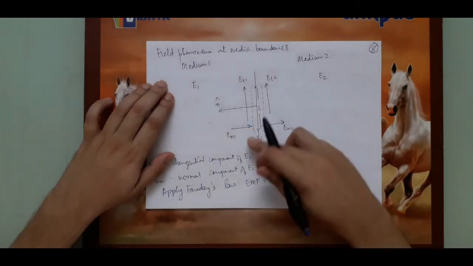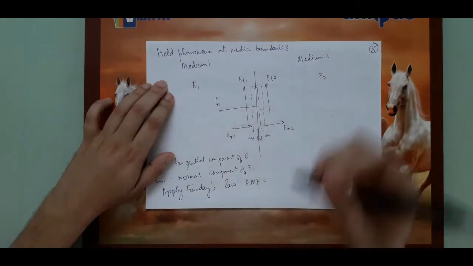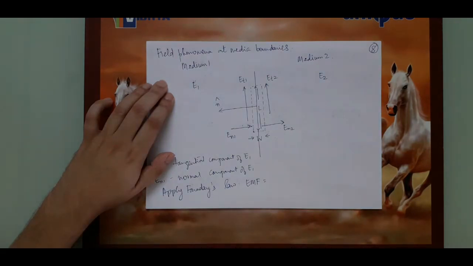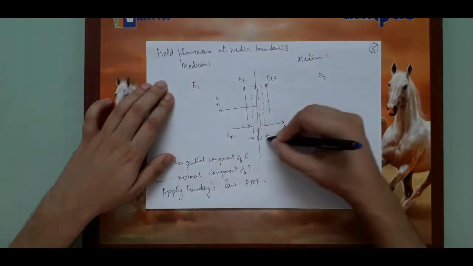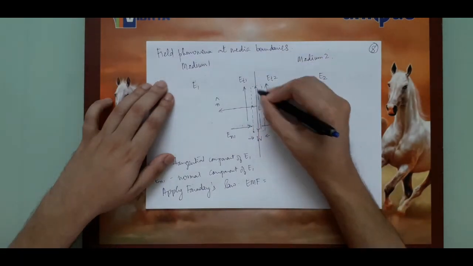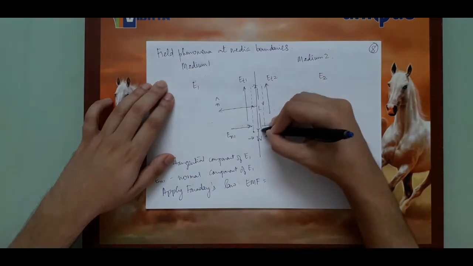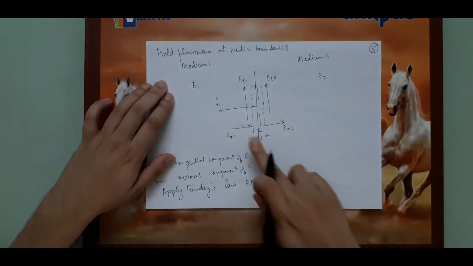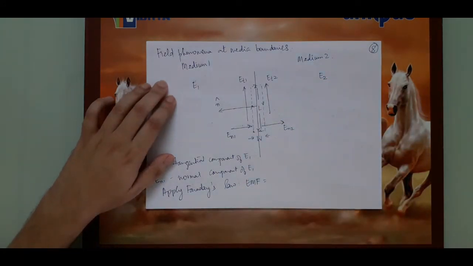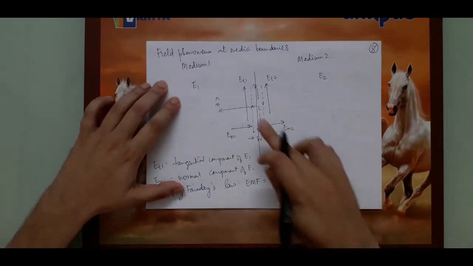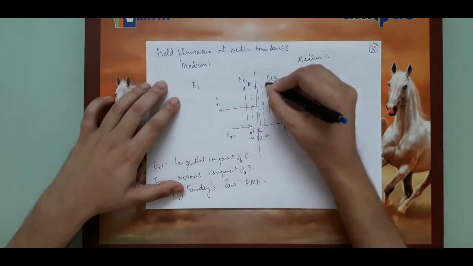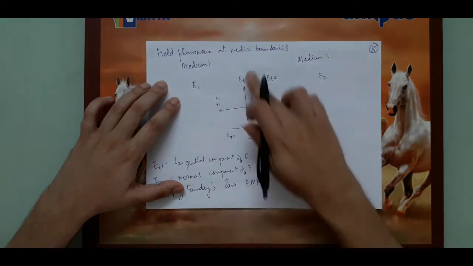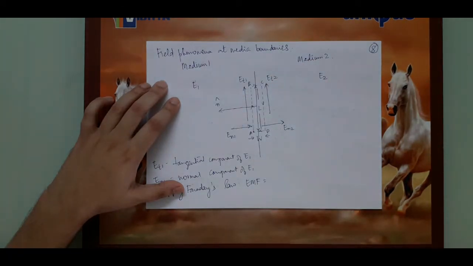now let us say we will start from here and move clockwise. Let us go this way for integrating. We will start from here and come back at this point. So the EMF is nothing but, let us say from A, B, C, D. Along the path AB, what is the electric field?